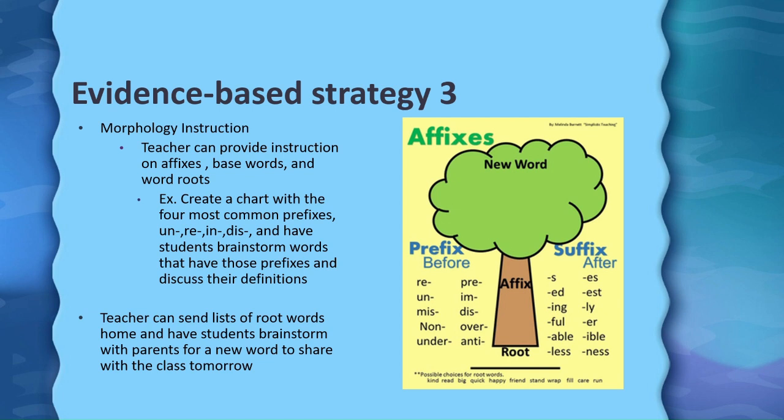So let's say they already know the word happy, then learning the prefix un, they can make unhappy. So that's a new word and a new skill that they have to decode vocabulary, which then also helps with comprehension. A good home learning strategy is sending a list of root words home and having students brainstorm new words with their parents.